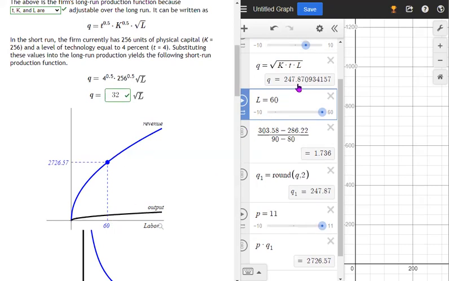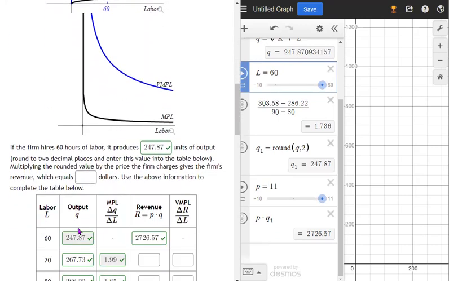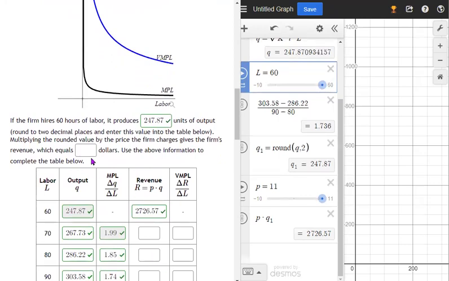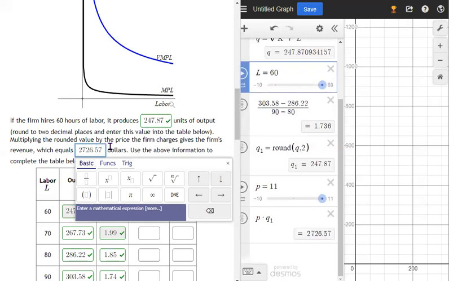The height of the black curve is still 347.87, right? The height of the blue curve, on the other hand, is 2,726.57, right? So this point to this point, the difference is multiplying this height by a factor of 11 to get up here, right? So that's how that's working. And I got to put this value here as well.